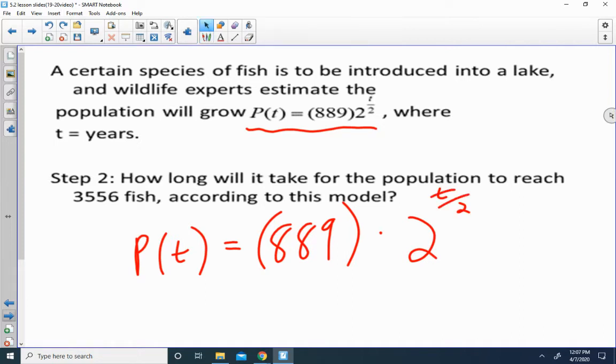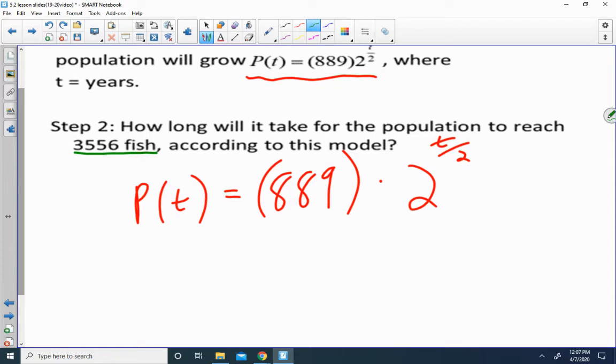But now look at the question, step 2. How long will it take for the population to reach 3,556 fish? So this time it's not asking for the doubling time or the quadruple time or triple time or whatever. It's giving you a specific amount.